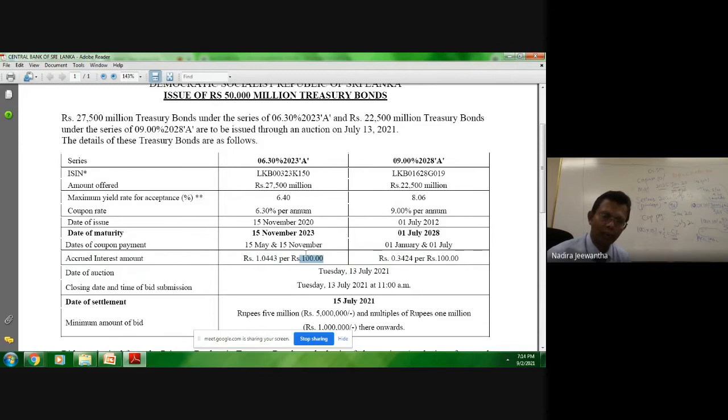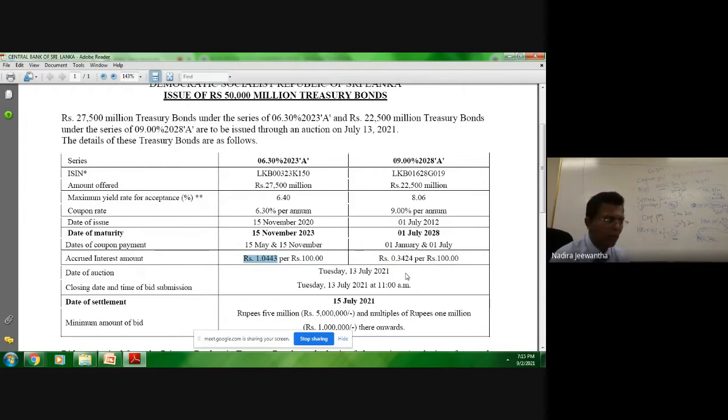This is the 1 unit face value. So face value may be different depending on the amount you invest, but generally for convenience we take 1 unit price as 100. Based on 100 we calculate the coupon rate, and the accrued price is also calculated based on the face value. It is 1 rupee and cents like this. Here the cents 3424 like that.